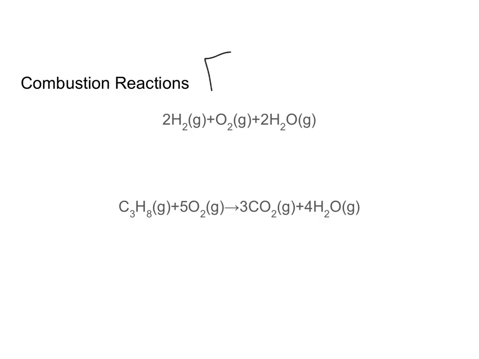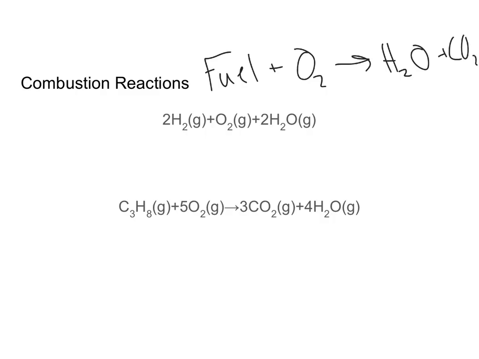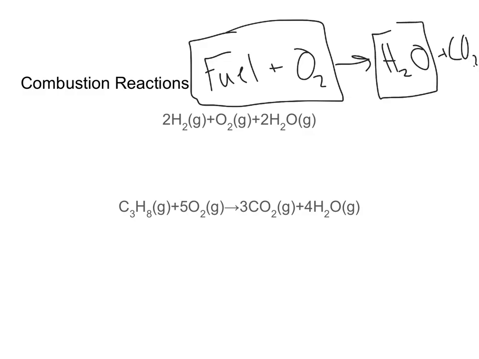So we know that we need fuel plus air, specifically the oxygen in the air. And we know that these fires are going to actually give off water, which is kind of weird because you'd think that water would hurt a fire, but these combustion reactions actually give off H2O, and then oftentimes you're going to see CO2 in these reactions. You're always going to see some type of fuel being combined with oxygen on our reactant side, and you're always for sure going to see my H2O, my water, being given off.